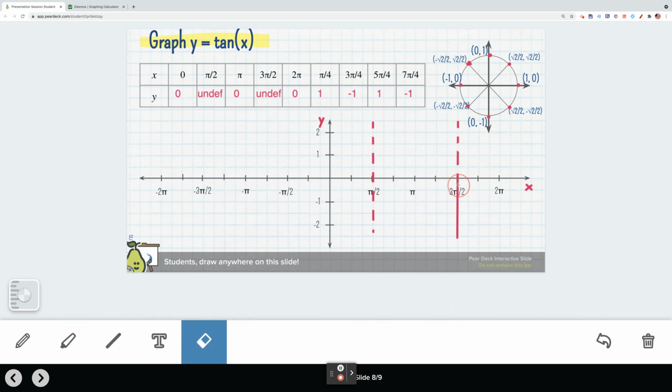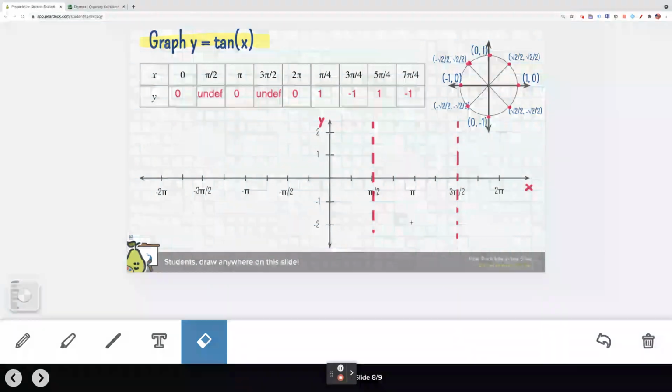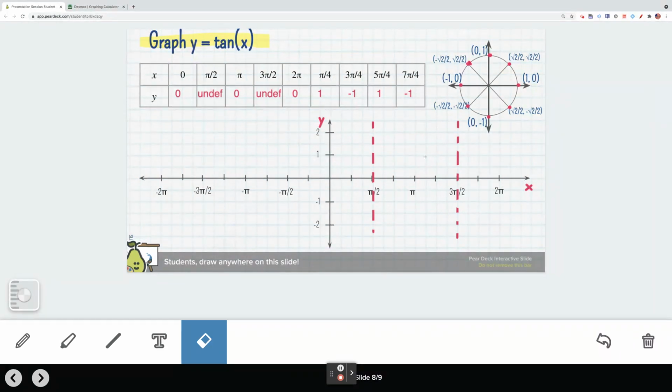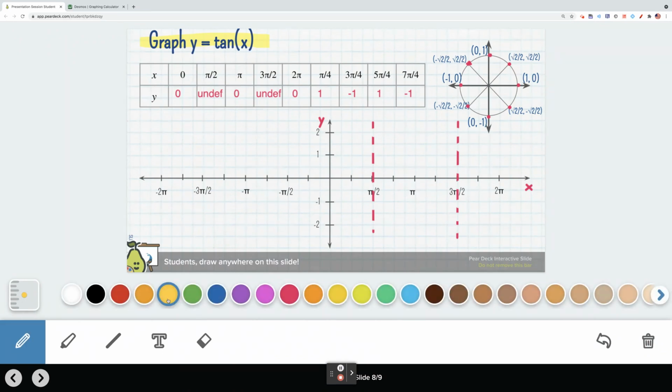Okay, so remember with rational functions, whenever you had an asymptote, it could go like this, remember? Or it could go something like this. So what we want to do is use the other points in the tangent graph to figure out how this would go.